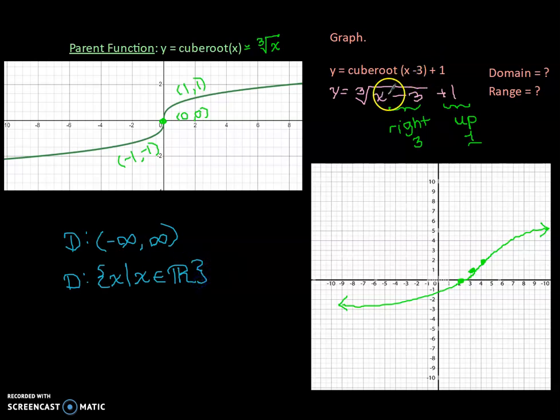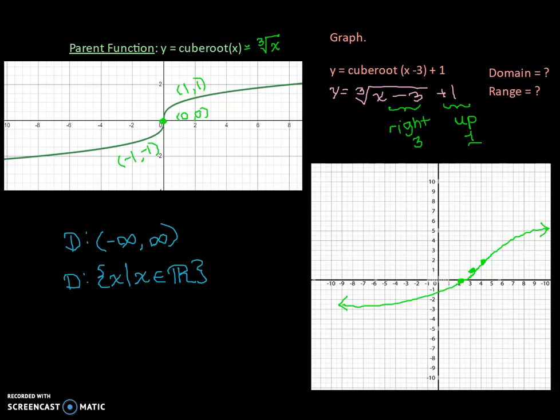Well, the thing about a cube root is you can always take the cube root or any odd root of a negative number. Those actually work. You just can't take the even root of a negative number. So fourth roots, sixth roots, you can't take the root of a negative number. But for odd roots, cube roots, fifth roots, and so on, you can replace it with a positive, negative, or 0, and they all work, which means the domain is all real numbers.